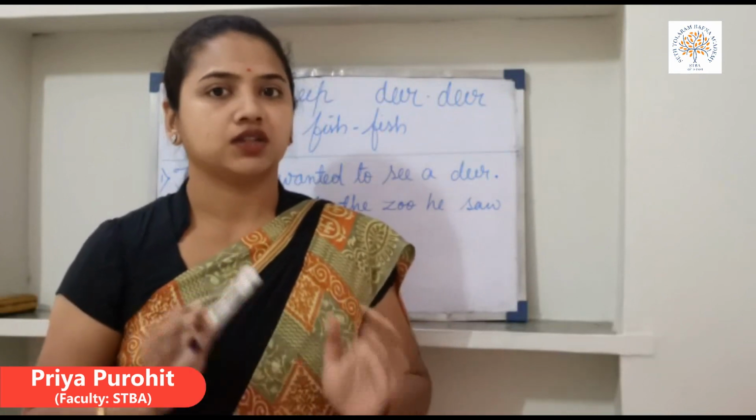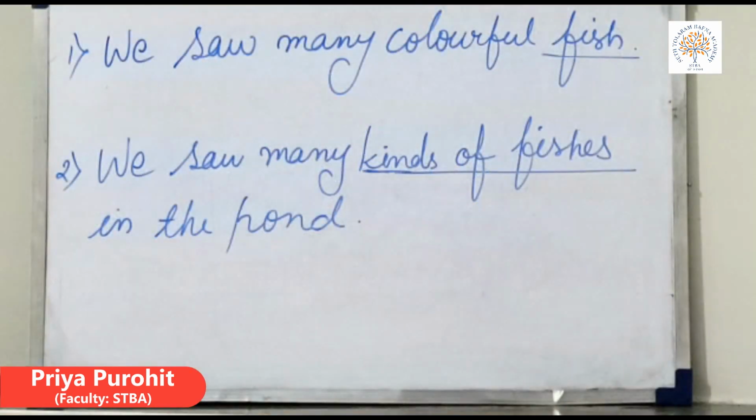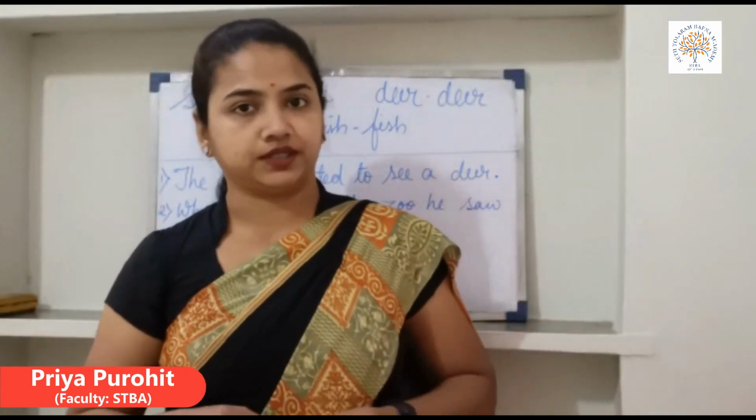We saw many kinds of fishes in the pond. So you can see here there is a variety of fish. That's why we use fishes. Here fishes suggests different varieties of fish. The sentence is, we saw many kinds of fishes in the pond.